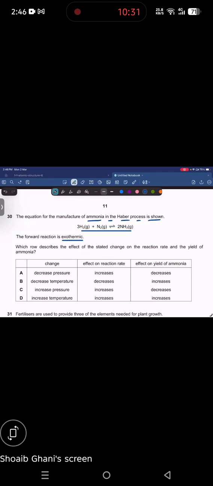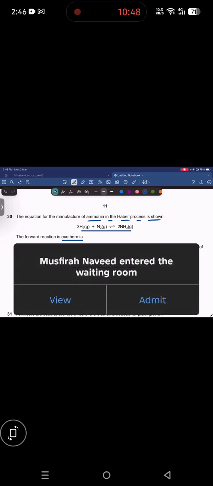Exothermic reaction. To keep the reaction in the forward direction, we have to keep the temperature low. Why? Because heat is already generated by the reaction mixture.